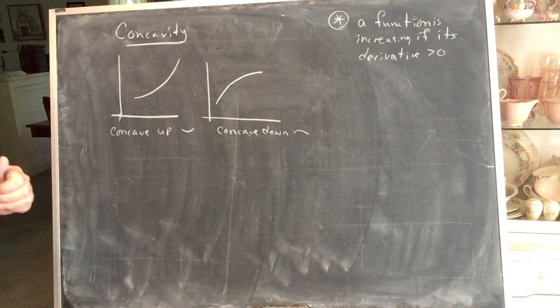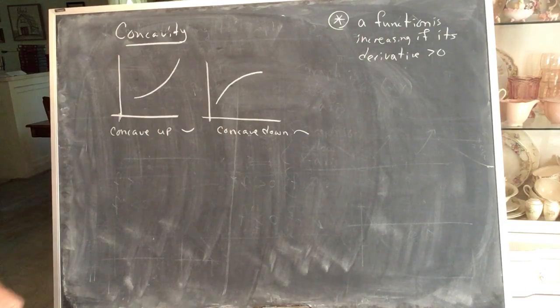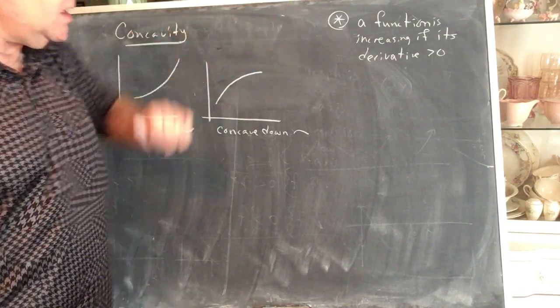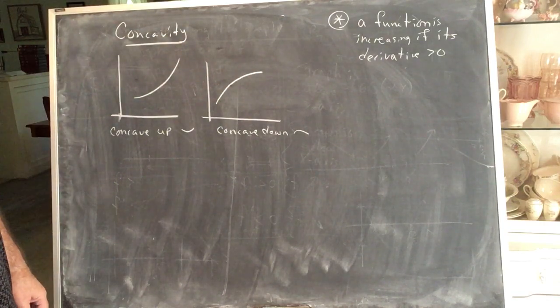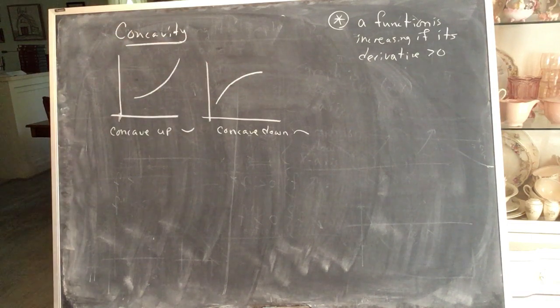We know that from our notions of increasing and decreasing. And though we don't need to write it, a function is decreasing if its derivative is less than 0. I want to keep that on the side because we're going to reference it in just a moment.